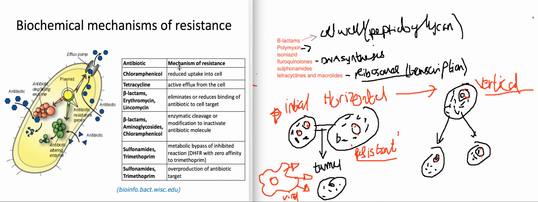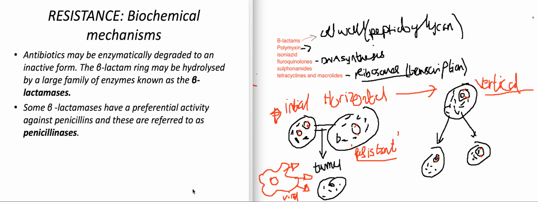They are actively effluxed. Beta-lactams, erythromycin and so on, so if you want to have a read across those. Antibiotics may be enzymatically degraded into an inactive form. The beta-lactam ring is, so we know this.